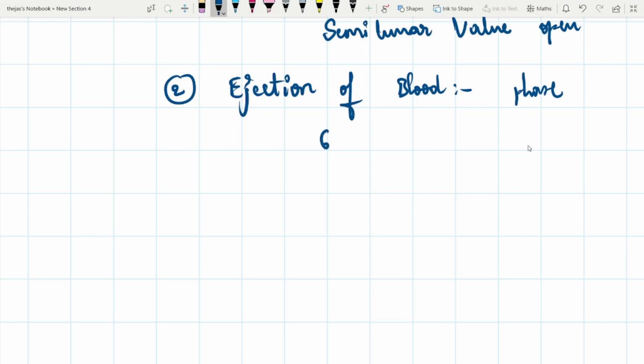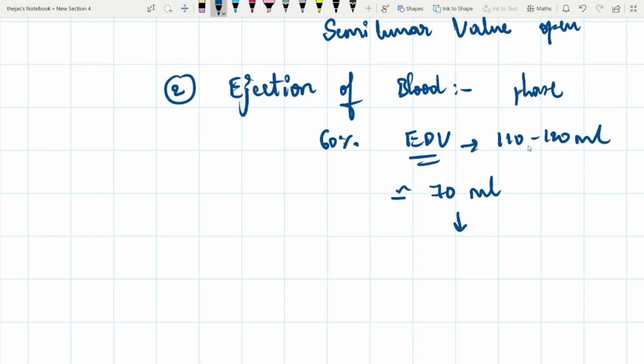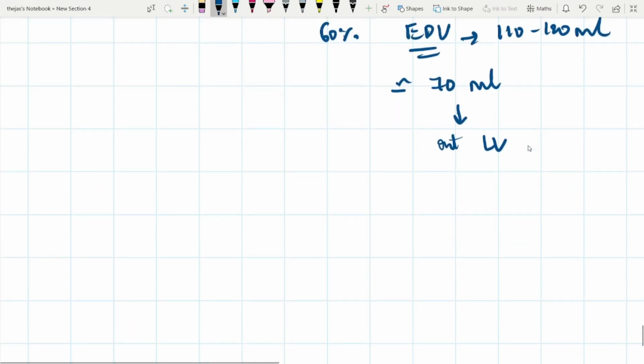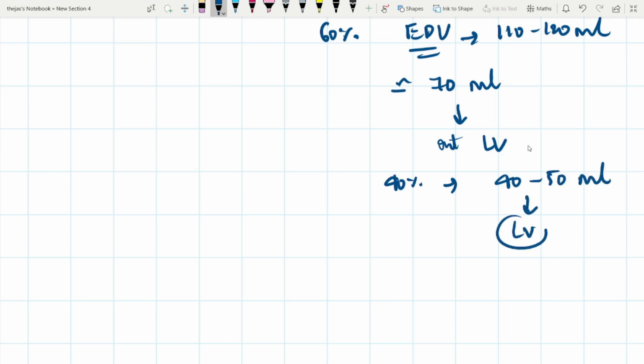About 60% of the end diastolic volume, EDV, that is 110 to 120 ml, approximately 70 ml of blood is ejected out of left ventricle. Okay, so the remaining 40%, around 40 to 50 ml, will stay in left ventricle only. This is called end systolic volume.